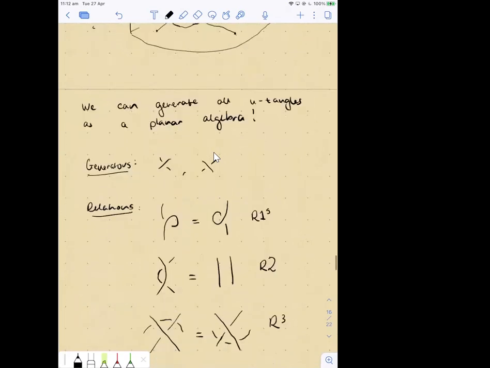So we have two generators: the overcrossing and the inverse crossing. And again, when I say generators, I mean that you take these two generators, imagine them as little planar tangles, then apply the planar tangle action over and over again, and anything you can generate by doing that is in our algebra.